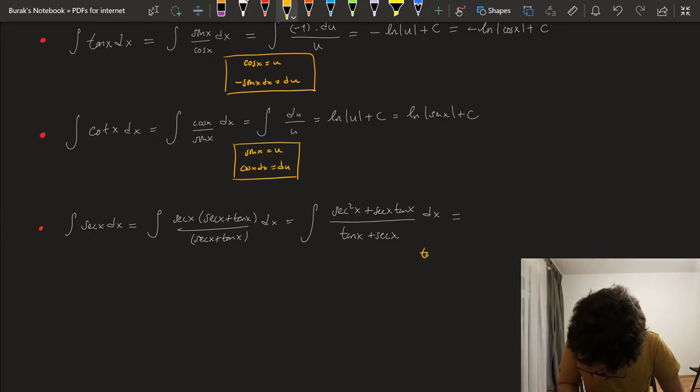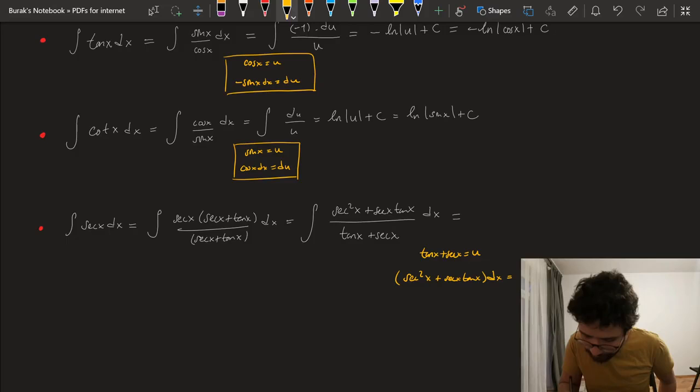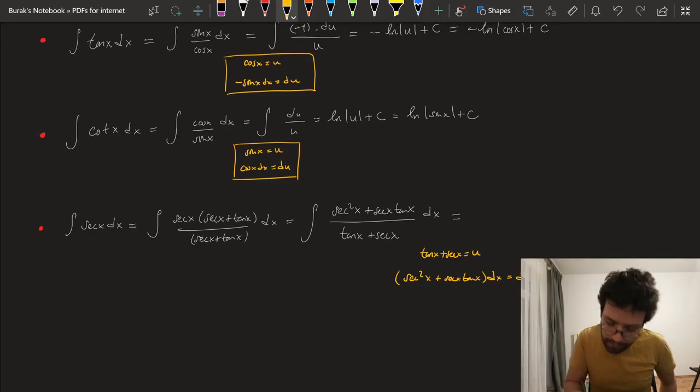If you call tangent of x plus secant of x u, the derivative of tangent is secant squared, and the derivative of secant is secant tangent. So what you have at the numerator is the derivative of this, so this is going to be your du.